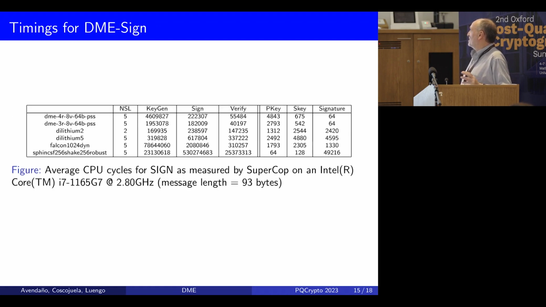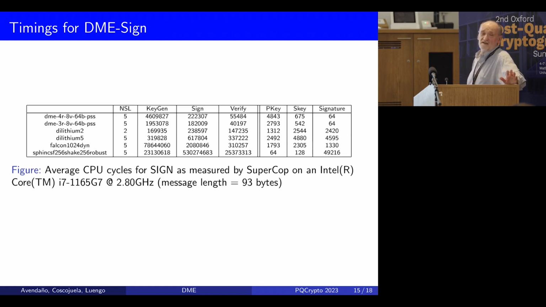So, what about the timing? This is the timing of one of the versions, not the one we presented to NIST, but you see we try to compare, for instance, DME with 3 and 4 rounds. Always for category 5, you can see the difference in speed, and the main thing is that the signature is very small.